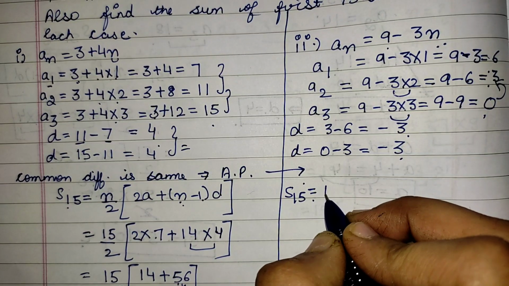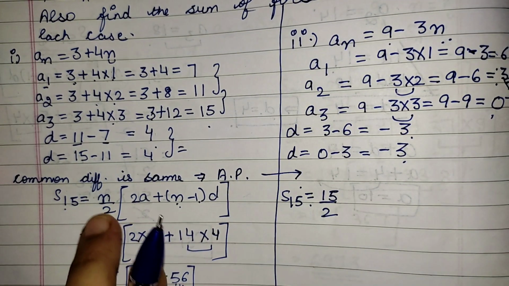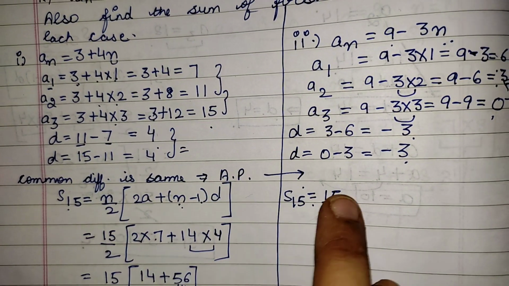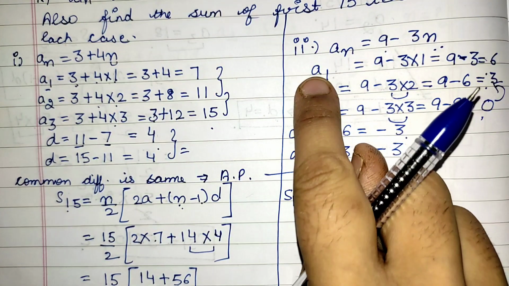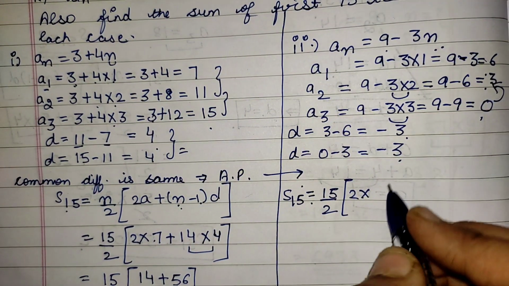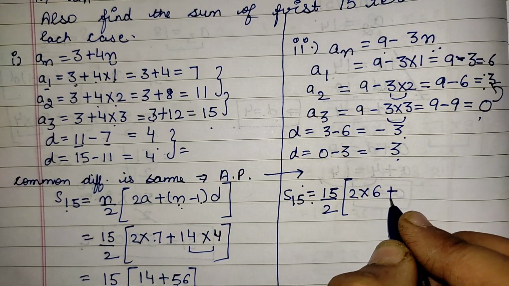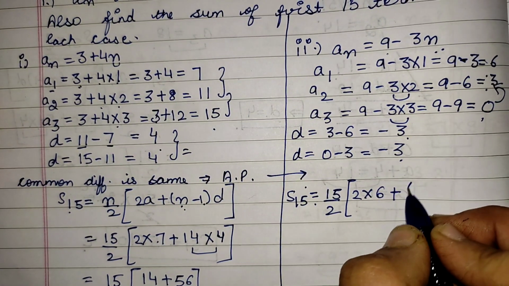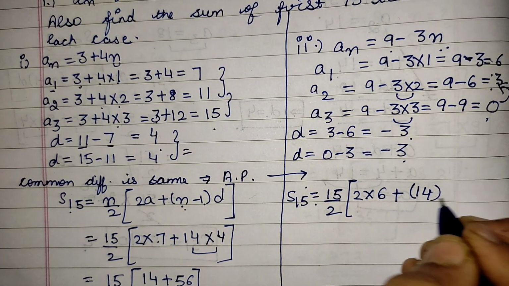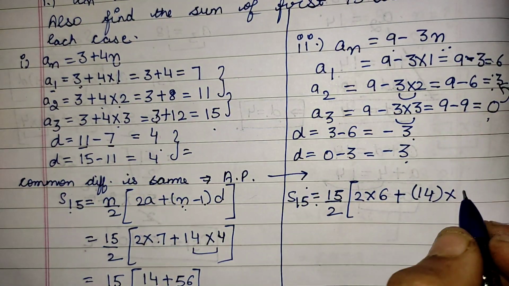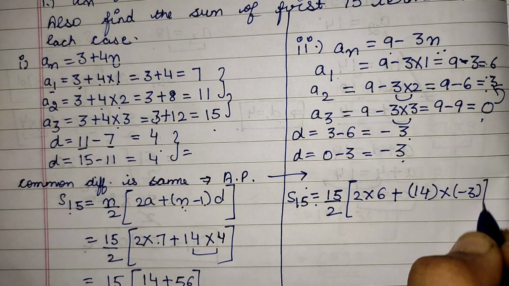Sum is given by what? 15 by 2. Same formula I am using here. N by 2 into 2a. A is my first term, which is equal to 6, plus n is 15, 15 minus 1 is 14, into d. D is my minus 3.